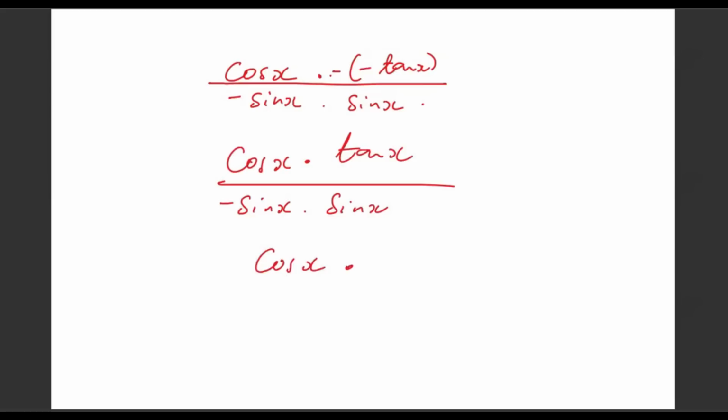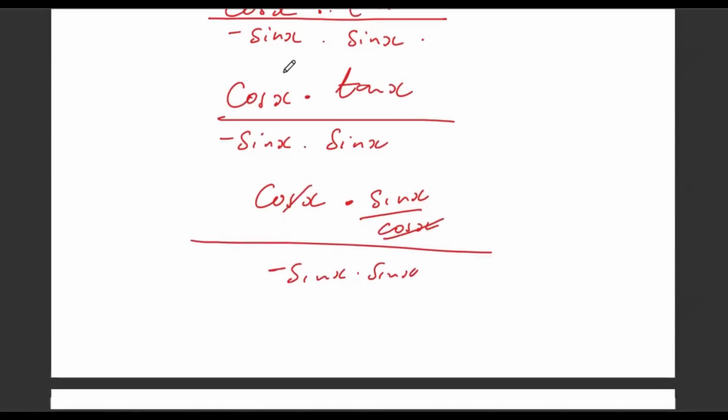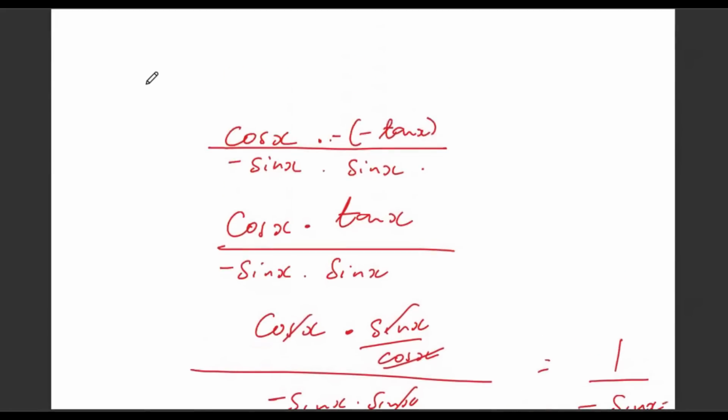This is sine x over cos x. So we're dividing it by negative sine x and then a sine x. So this cos cancels this cos. And then I'm only going to be left with sine x over this. So this sine can cancel that. So we're left with 1 over negative sine x, or it could be negative 1 over sine x, either way. Okay, so the quickest format of killing this was going to be when you change this.